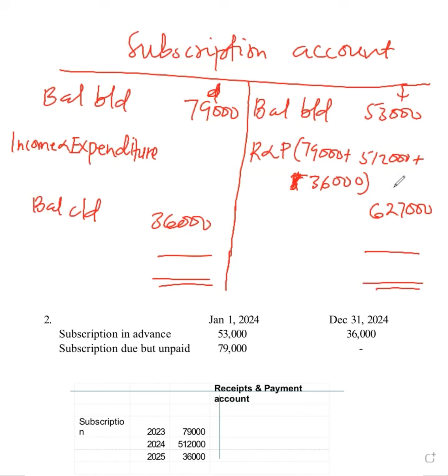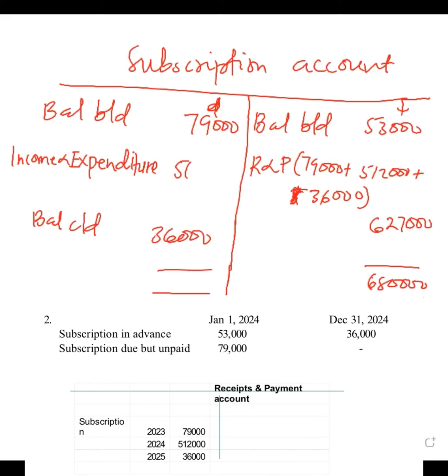We added 53,000 and the 627,000 and we'll get 680,000. So 680,000 minus 79,000 and 36,000 will give us 565,000.